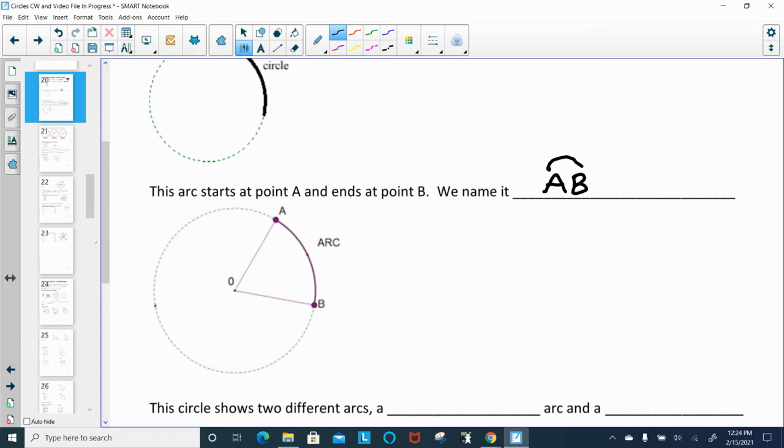If you notice, when we look at point A and draw the radius, and we look at point B and draw the radius, this actually makes an angle that we're going to be talking about in this section called a central angle. And the thing about this angle and this arc that relates the two together are these points, A and B. Those are the points that the angle touches on the edge of the circle.